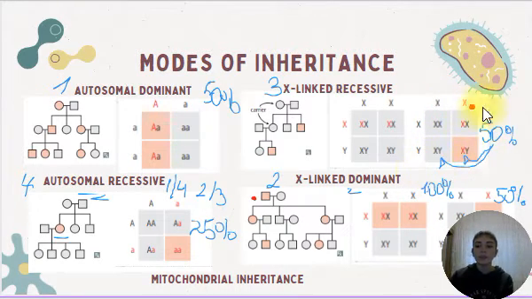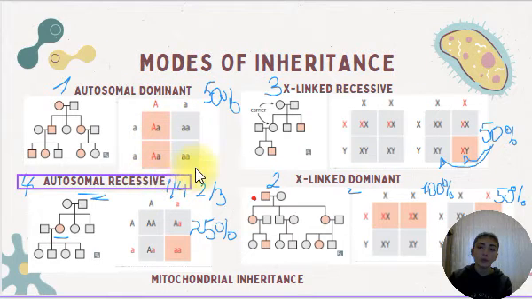So we say in this case that 50% of her possible sons will get the disease, because she gives her pathologic X to only one of two. The other son gets the healthy X, right?